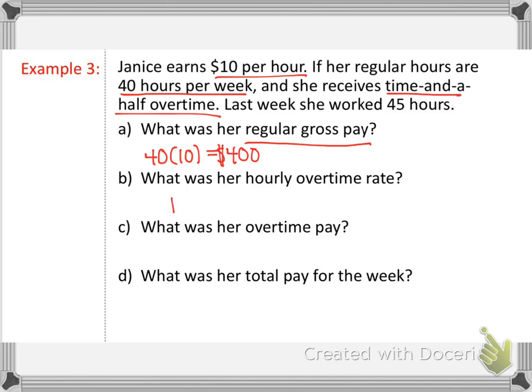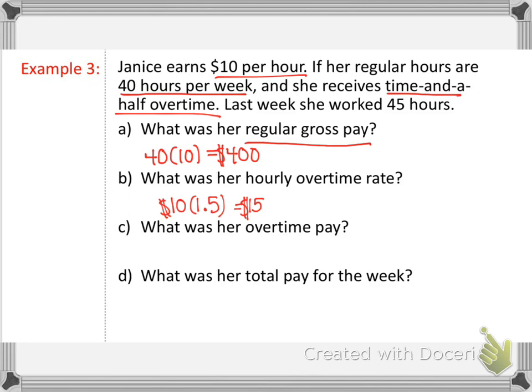So basically, I would take the $10 hourly rate and multiply it by 1.5, right? 1.5 is time and a half. And so when I do 10 times 1.5, that gives me 15. So she gets paid 15 for overtime. That's her overtime rate. So for anything after 40 hours, she's getting paid $15 an hour.